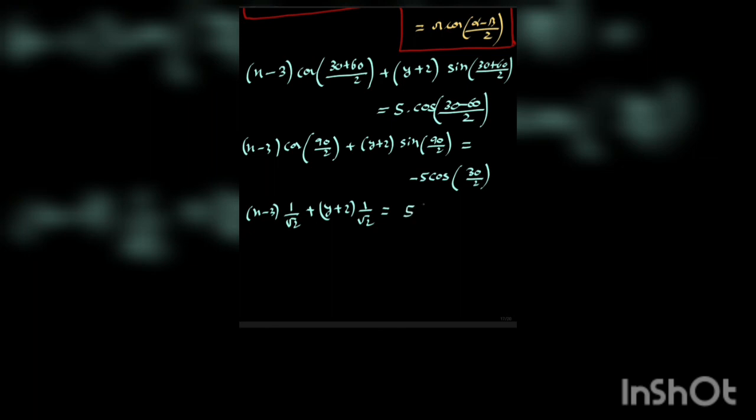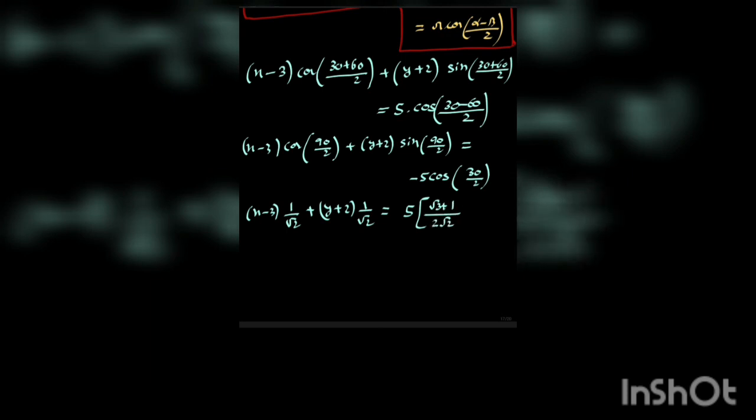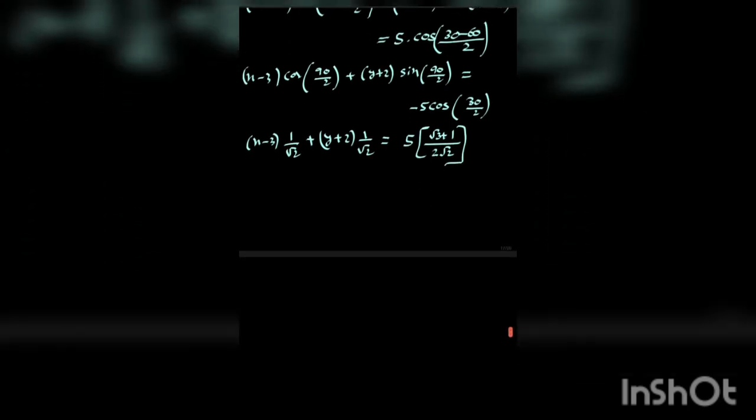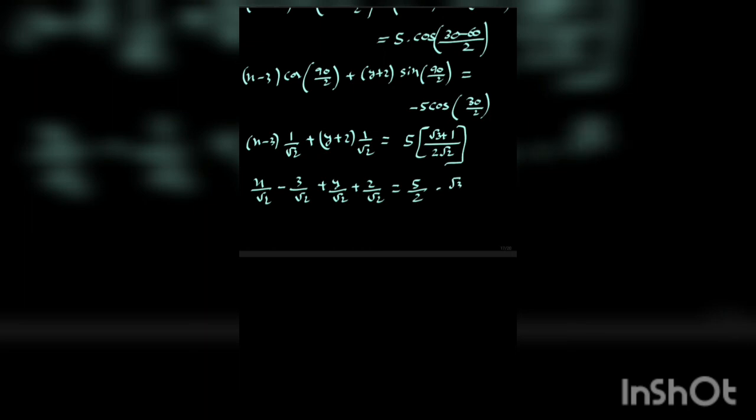So 5 into (root 3 + 1) by 2 root 2. x by root 2 minus 3 by root 2 plus y by root 2 plus 2 by root 2 is equal to 5 by 2 into (root 3 + 1) by root 2.